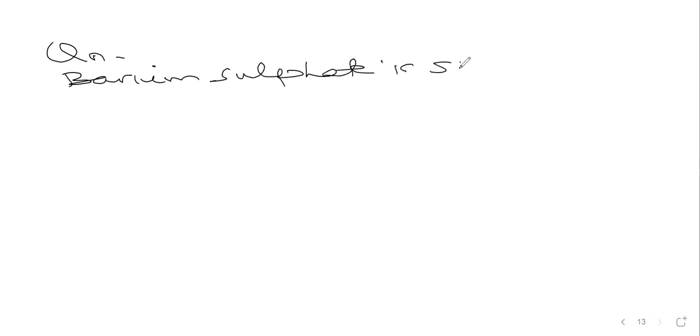I'm going to do another example about the same calculations. And in this case, it's going to be about barium sulfate. I'll say barium sulfate is sparingly soluble in water.